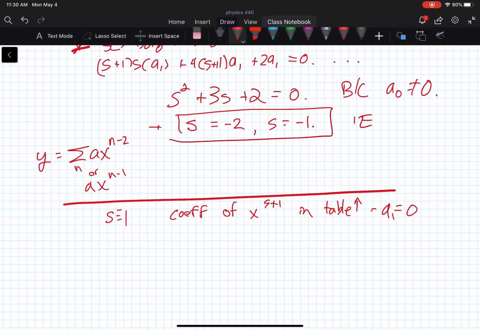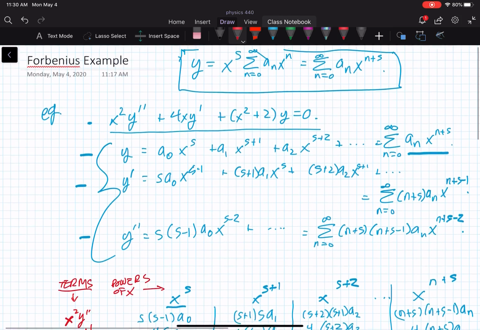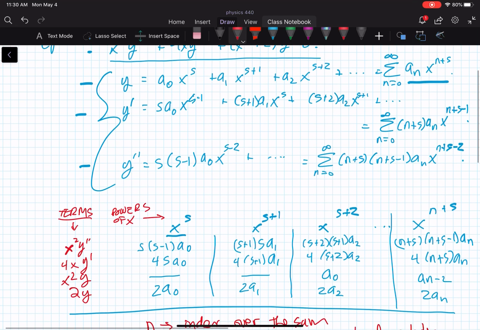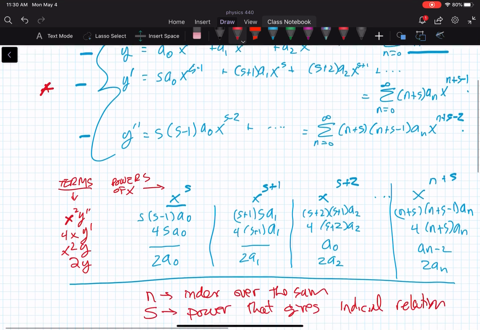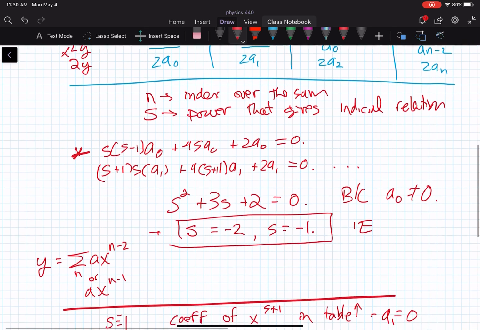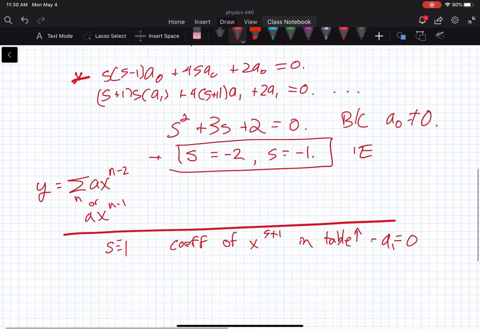And we can keep moving on to solve for these different equations. Remember, we are doing all of this based on these substitutions, and the fact that these columns have to add to 0. So now we have the choices of minus 2 or minus 1.